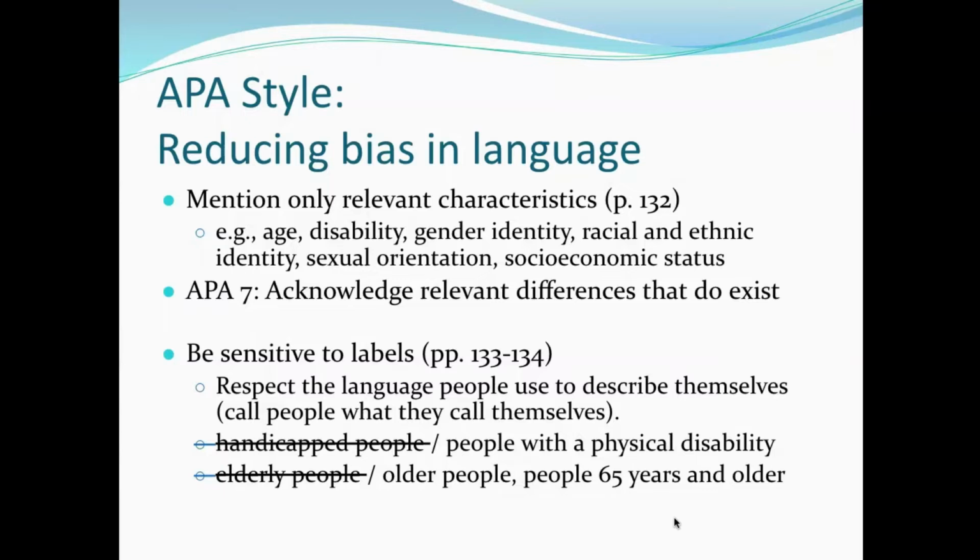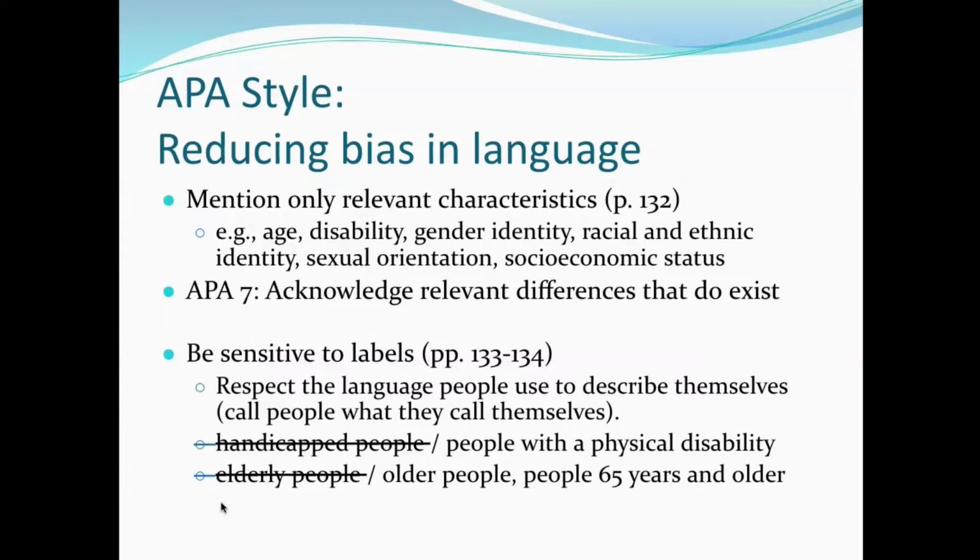The only thing about these words that are no longer preferred anymore is that you'll never be able to find a complete list of all the words that we're no longer using and all the words that are better to use, because language is always changing. It's always evolving.